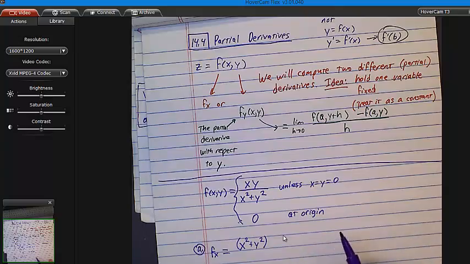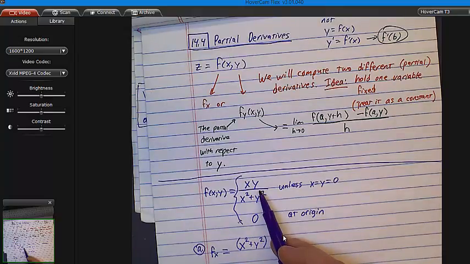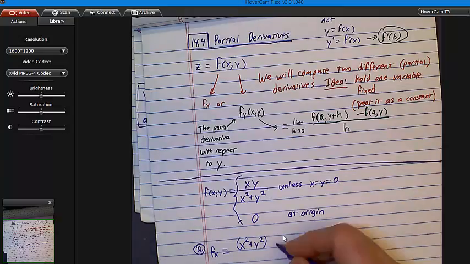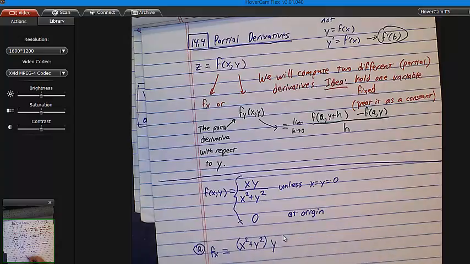The reason is I'm computing f sub x, the partial with respect to x, and so we're treating y as a constant. If this said x times 5, you would write 5x. What's the derivative of 5x? So what's the derivative of xy? It's y, because you're treating y as a constant. Does that make sense?